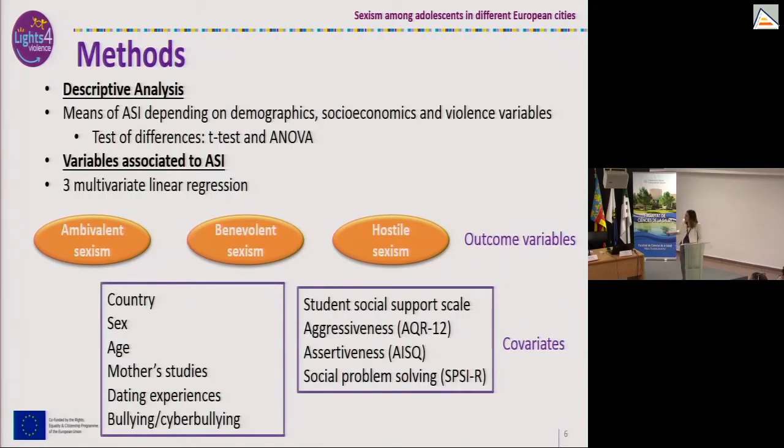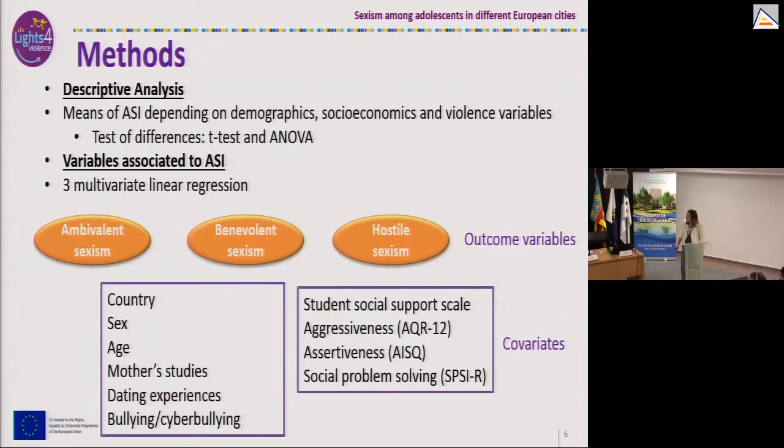First, we calculate the mean values of total scale and subscales by different characteristics: demographics, socioeconomics, and variables related to violence. The differences were analyzed with t-test and analysis of variance.